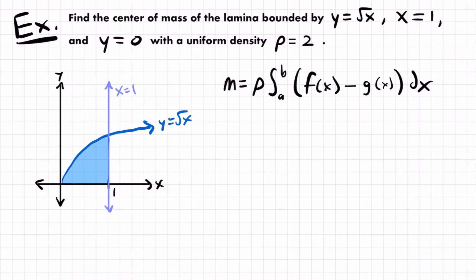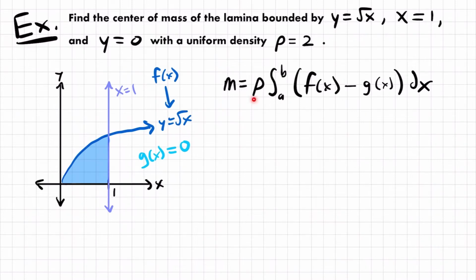And so y equals the square root of x is f of x, and then g of x is just going to be equal to 0. Okay, and so then the only other thing that we need to determine are the bounds of integration. And those are the two values of x that our region lies between. And so it lies between x equals 0 and x equals 1. All right, and so this will be pretty simple to set up.